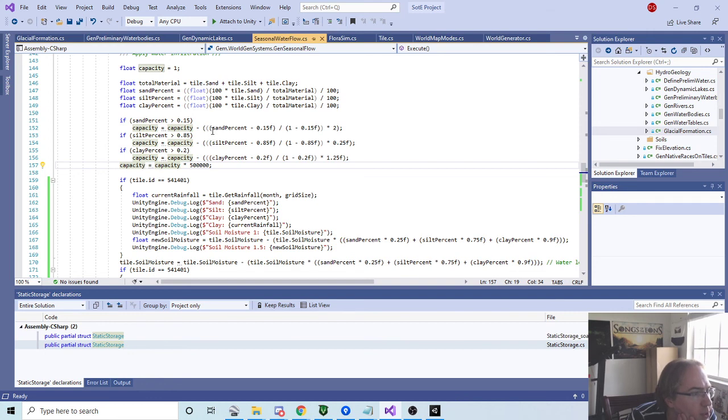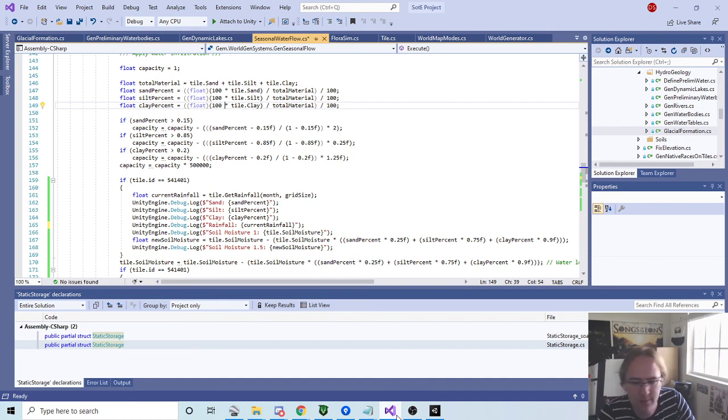Well, let's... wait a minute. Capacity should be 1. That's not a big deal. Okay, so somehow we... Let's just do math. Yeah, I know my current clayfall. My current rainfall is called clay because... yeah.